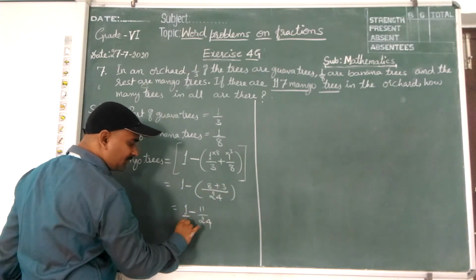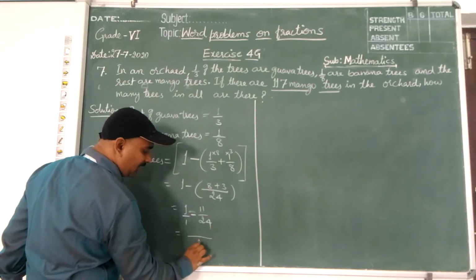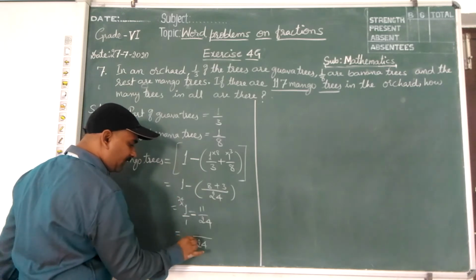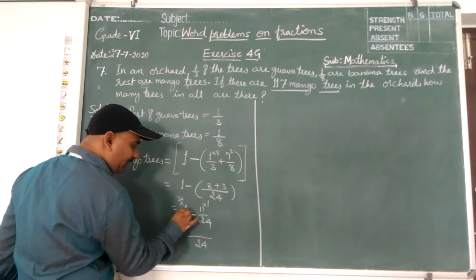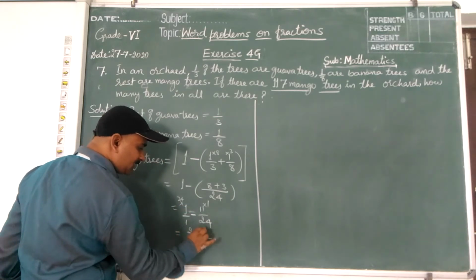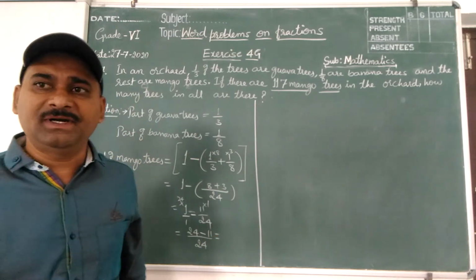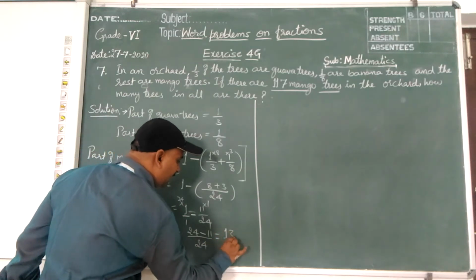Again, there is a subtraction with a fraction, so take the LCM again, 24. 24 1s are 24, so 24 minus 11 is 13. When you subtract 24 minus 11, you will get 13 divided by 24.